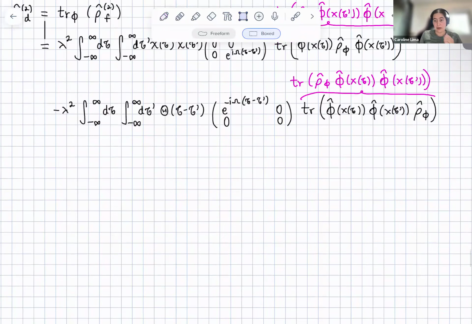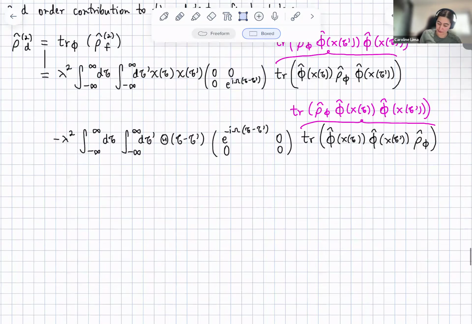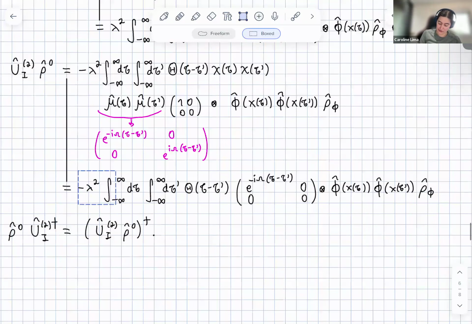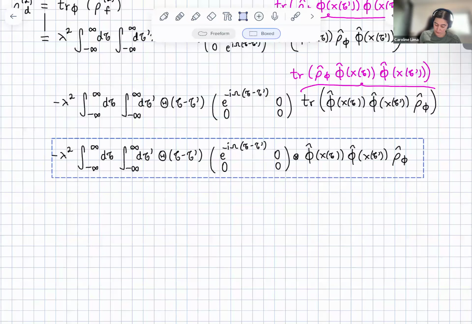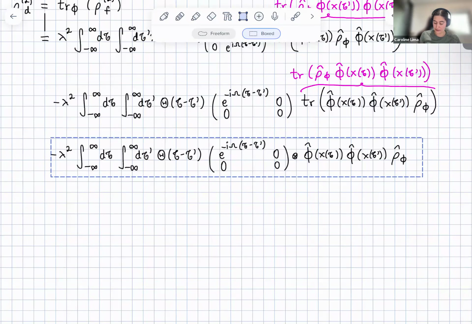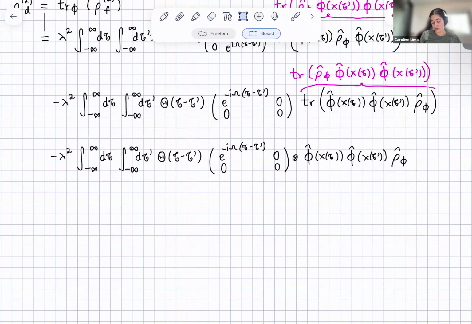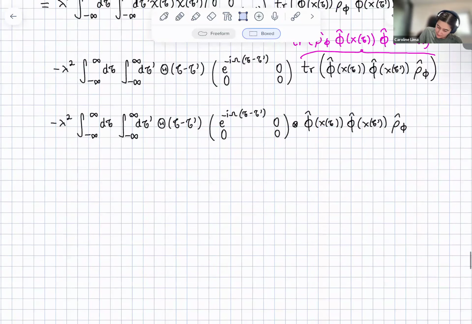And then I'll have the other contribution, right, which is the Hermitian conjugate. So let's have a look at what we have. Or actually, let's copy the expression here, and then take the Hermitian conjugate here before taking the trace. So what we had was this, right? But we need to take the Hermitian conjugate. So most of these things are real, but if you look into this part here, this is going to get a plus sign, right?